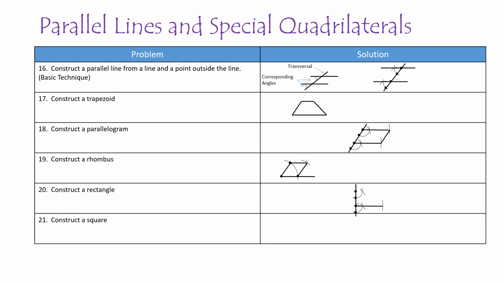We measure how long we want that other side, and then we draw it, and then we draw the fourth side. So that's it. And the square is the same as a rhombus, except you have to start with a right angle, and you mark where you want the square, you measure the first side and sweep to the second side.